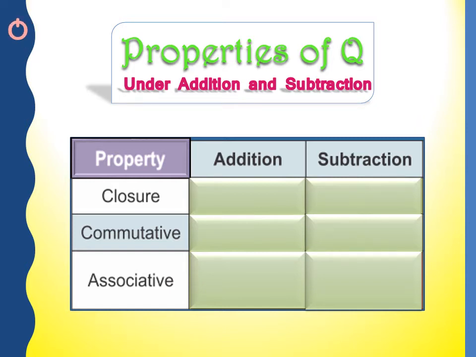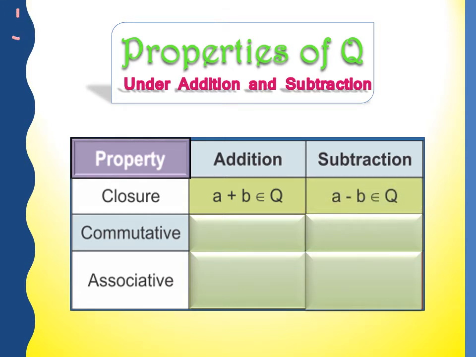Rational numbers are closed under addition, which means for any two rational numbers, if I add them, the result is an element of the rational numbers. Also, rational numbers are closed under subtraction, which means for any two rational numbers, the answer of their subtraction is an element of the rational numbers.